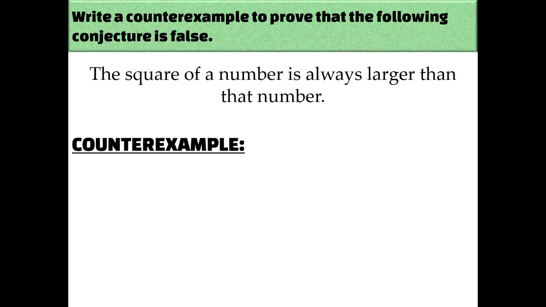You might think negative numbers at first, because negative numbers do often break a pattern. But if I square negative 6, negative 6 times negative 6 is positive 36, so that's still just another example, because 36 is bigger than negative 6. So what else do you got? What about a decimal?